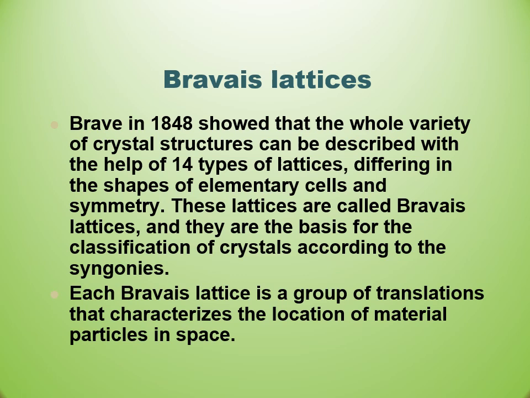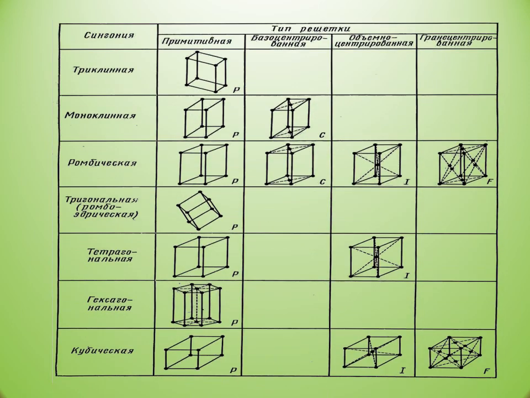Each Bravais lattice is a translation group that characterizes the locations of the material particles in space. Maybe C, B, or A, it depends on the arrangement of this atom. Here you can see C if this atom is located on here.